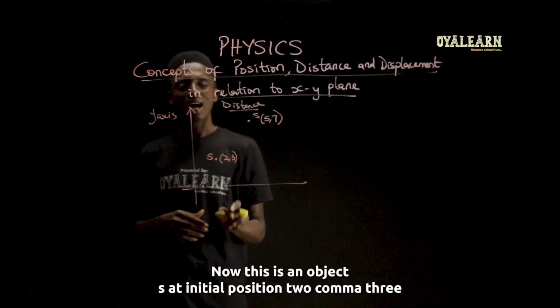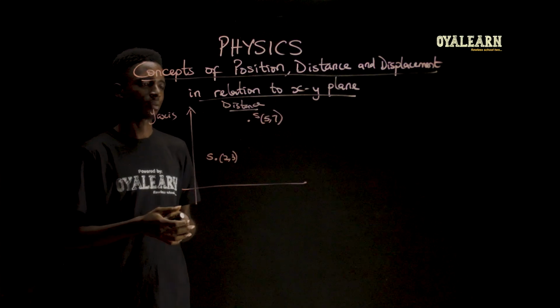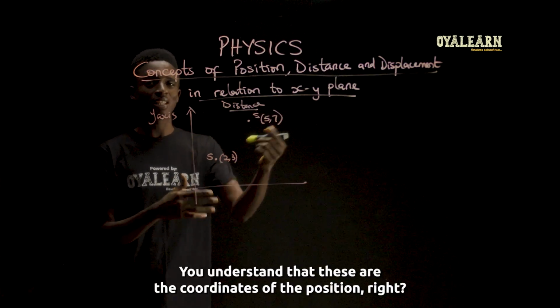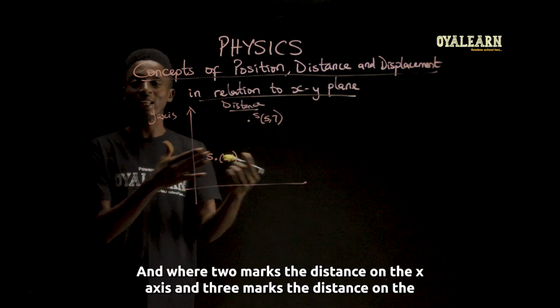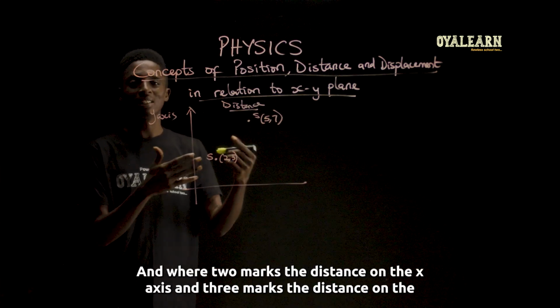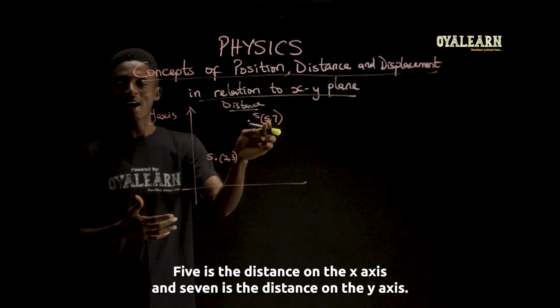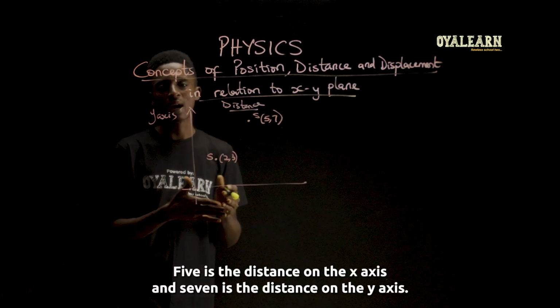Now, this is an object S at initial position 2, 3. And then final position 5, 7. You understand that these are the coordinates of the position, right? Where 2 marks the distance on the x-axis and 3 marks the distance on the y-axis. And the same thing affects this coordinate here. 5 is the distance on the x-axis and 7 is the distance on the y-axis.